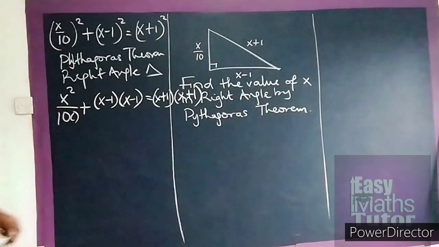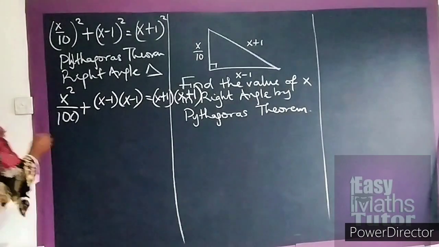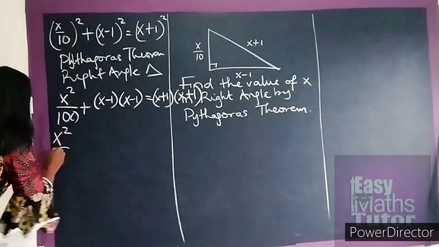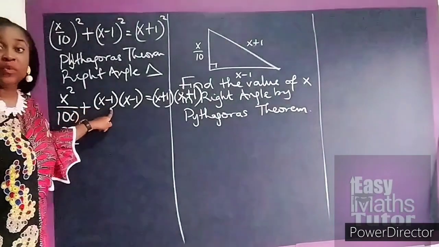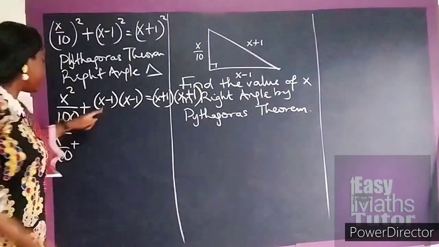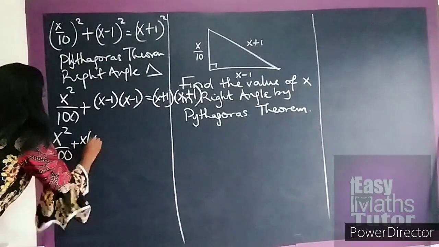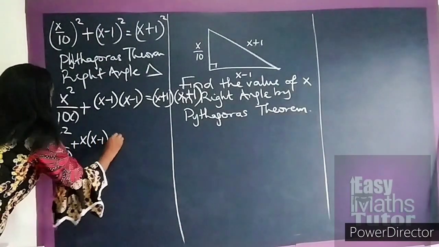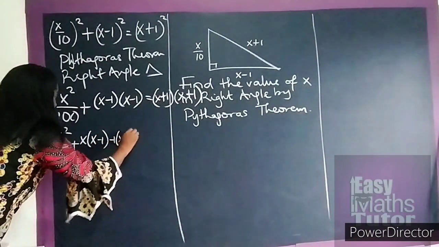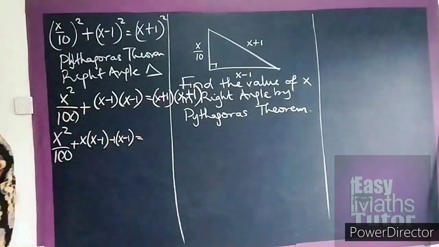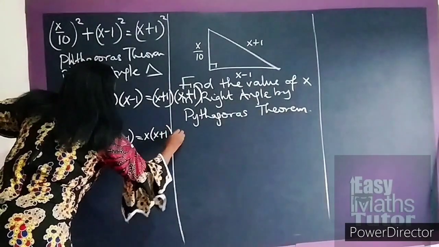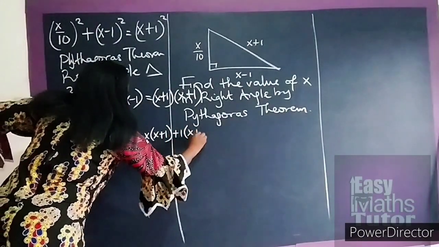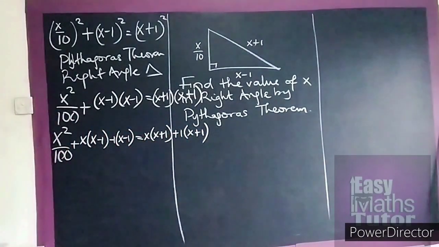So we expand them all. We have x squared over 100 plus. Now we're going to open up this bracket. So we have x times x minus 1 and minus 1 times x minus 1. We also open this other bracket to have x plus 1 plus 1 x plus 1.